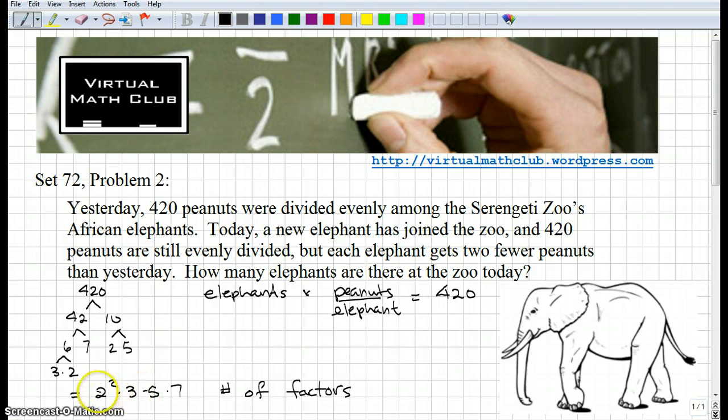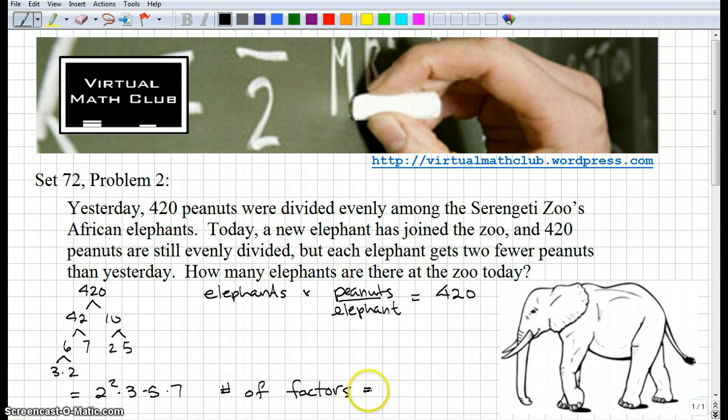The factors of 420 will have some number of 2's, 3's, 5's, and 7's. It can have 0 or 1 7, 0 or 1 5, 0 or 1 3, and 0 or 1 or 2 2's.